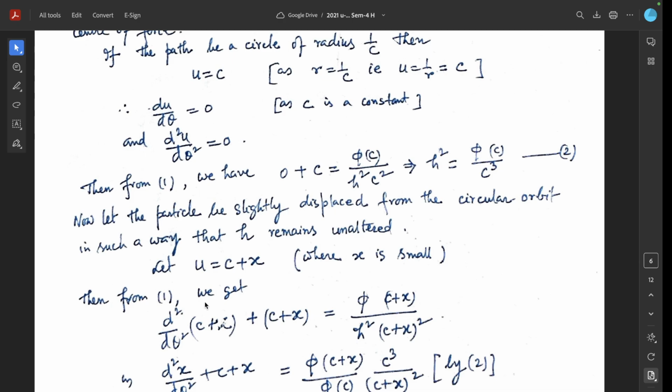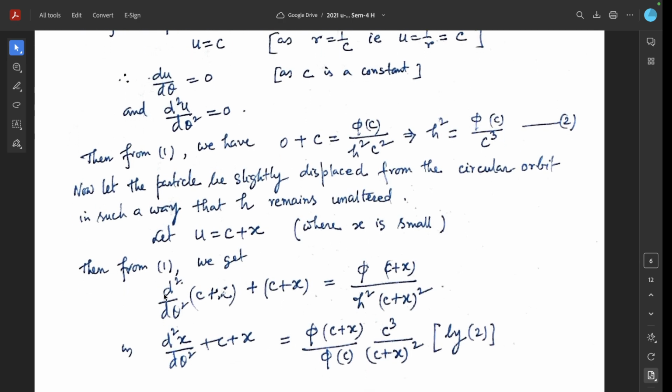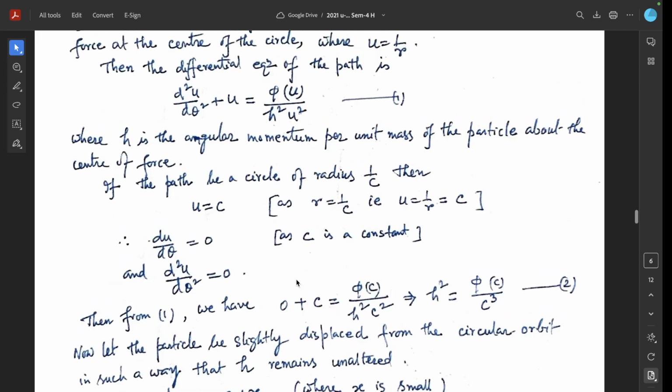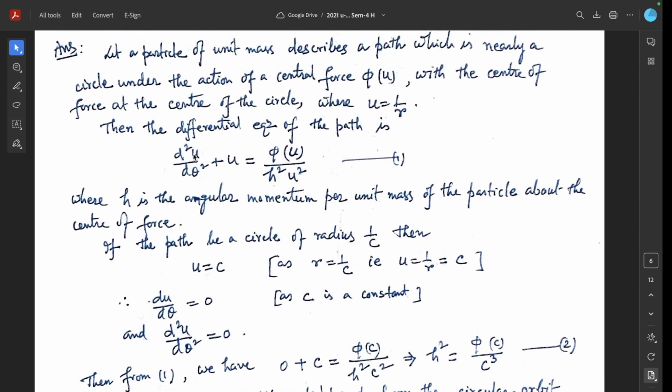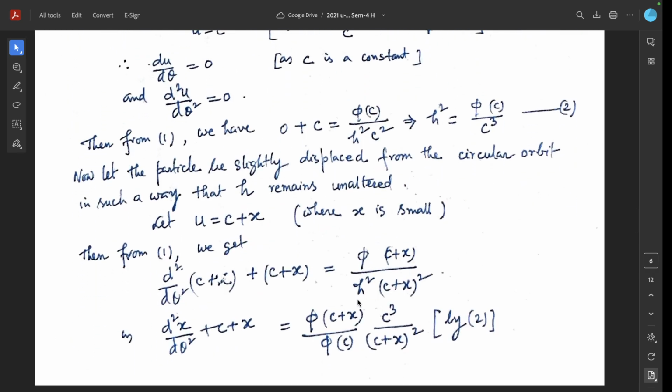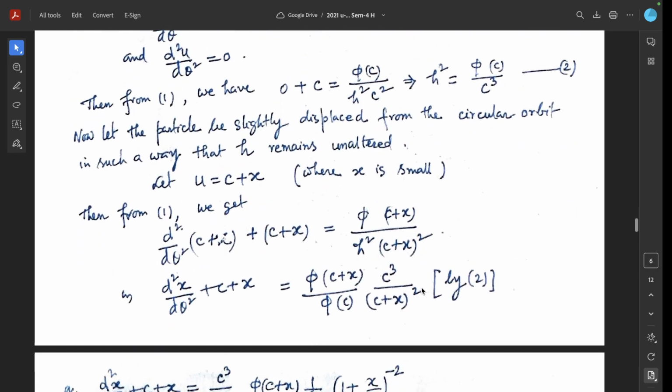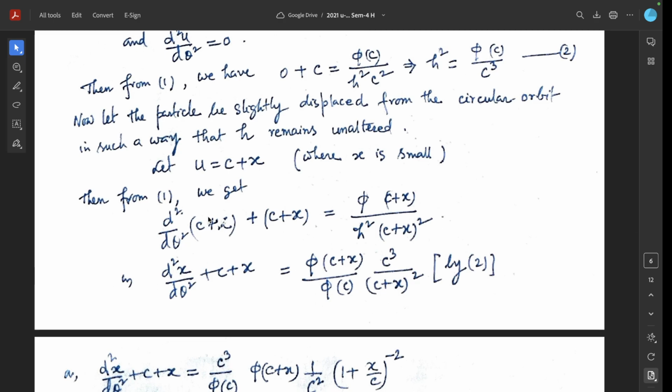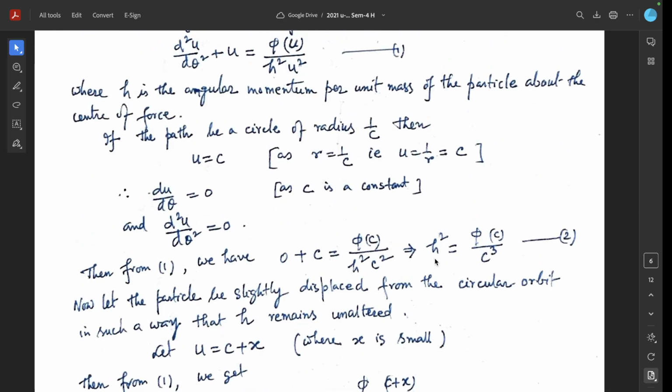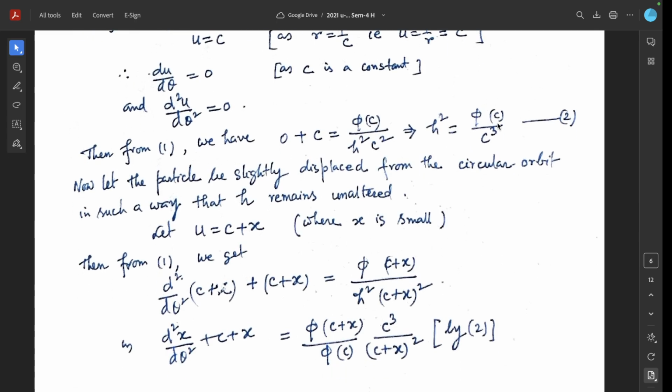From 1 we get d²(c+x)/dθ² plus c plus x equals phi(c+x) by h²(c+x)². Since c is constant, d²x/dθ² plus c plus x. Using the value of h² from 2, this is equal to phi(c) by c³.